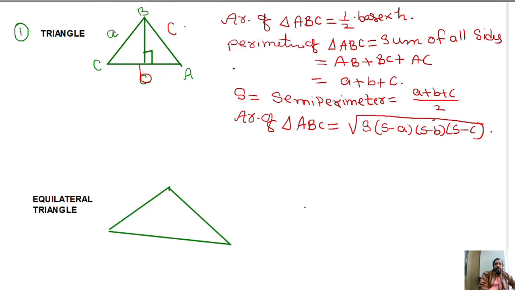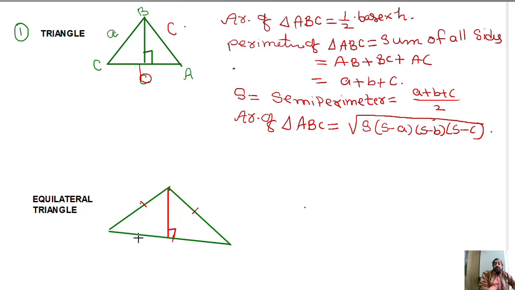Now coming to the equilateral triangle. In an equilateral triangle, all the sides are equal, and the perpendicular and median coincide. This perpendicular divides the base into two equal halves and is also perpendicular.